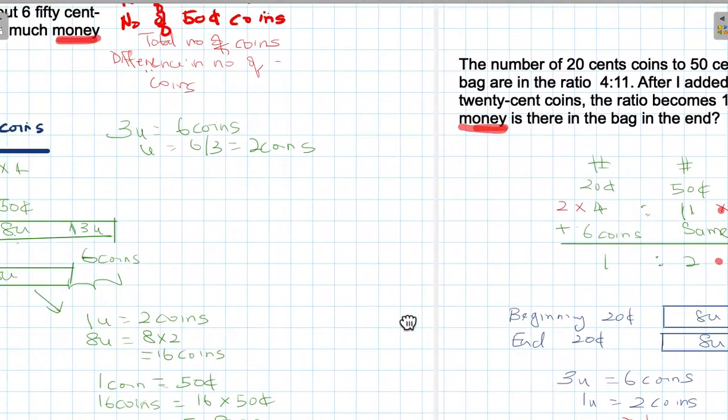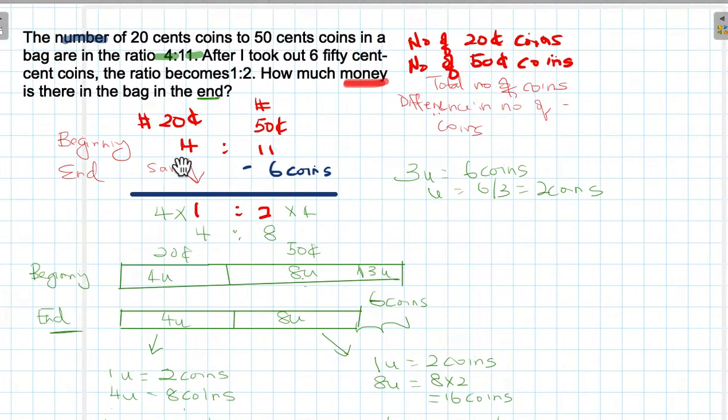For this one also, because this remains the same, I can easily make this the same, and I see here it is actually 8 units and not 2 units, and then I know that the reduction of 6 coins is because of 3 units.